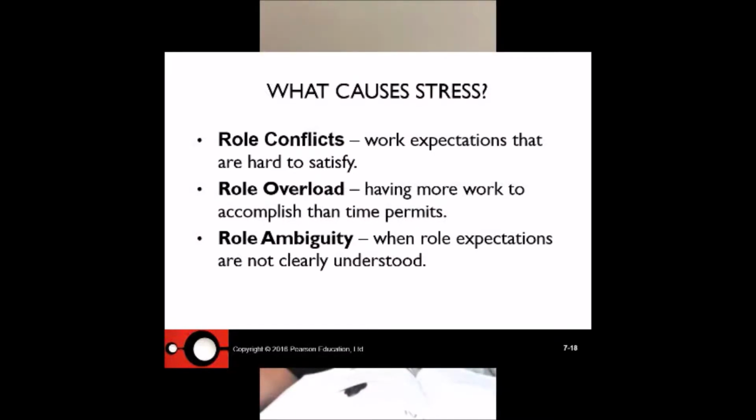And finally, role ambiguity is created when role expectations are not clearly understood and the employee is not sure what he or she is doing. And we also have two types of personal factors that can create stress.